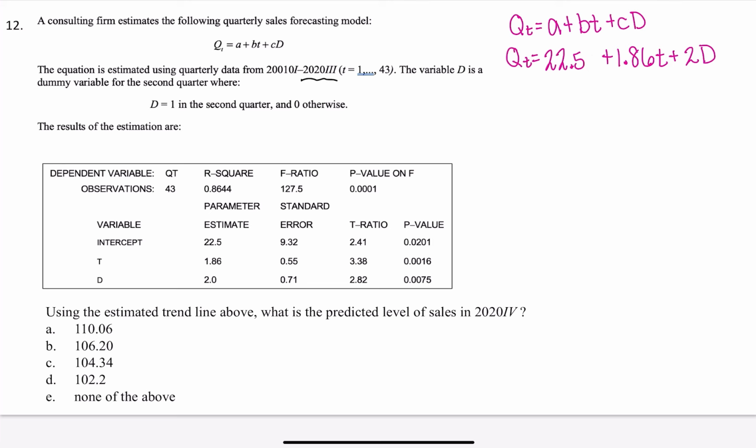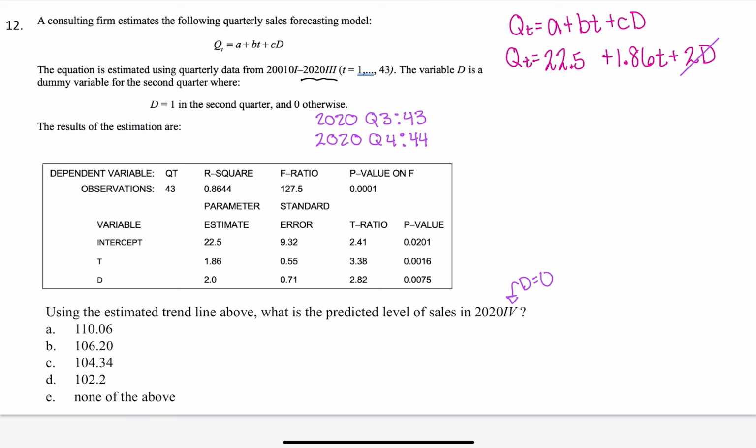So using the estimated trend line above, what is the predicted value of sales in 2020 quarter 4? So this is going to tell us that our D is going to be equal to 0, so this is not going to be relevant. And we also know that 2020 quarter 3 was T equals 43, which means 2020 quarter 4 is going to be 44.